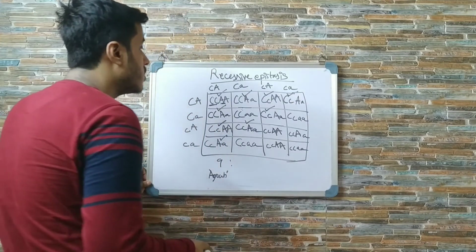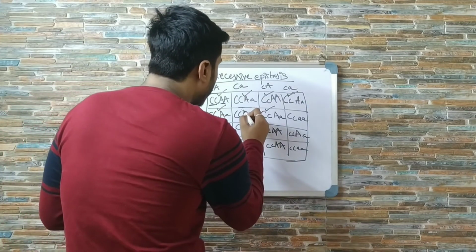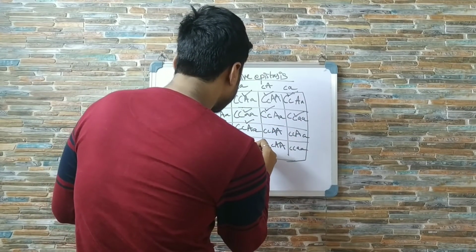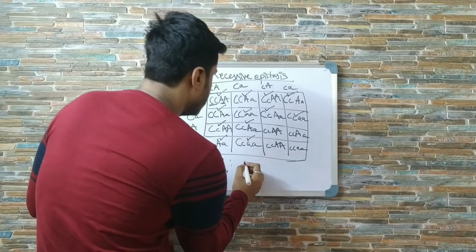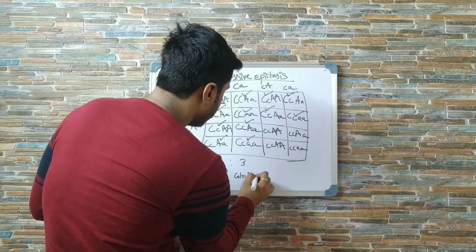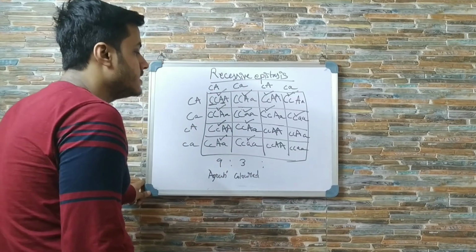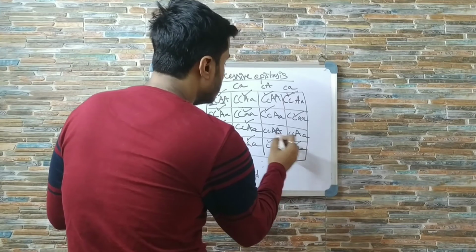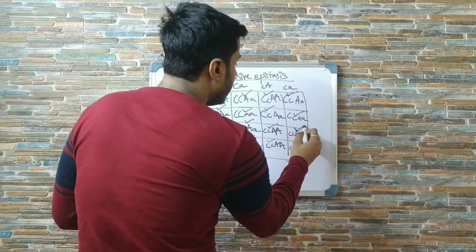Let's count the number of colored mice. 1, 2, and 3. So, there are 3 colored mice. And let's count the number of albino. 1, 2, 3, 4.